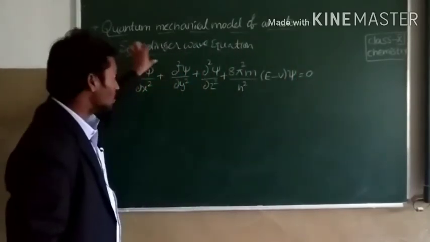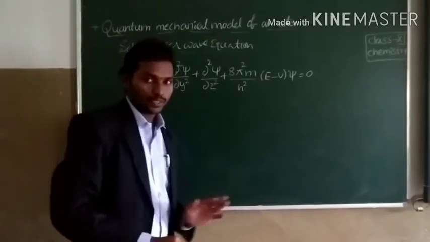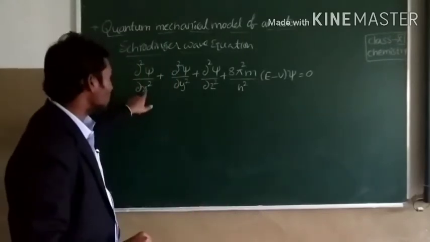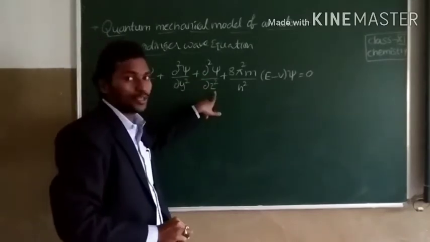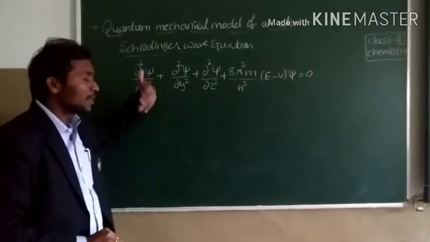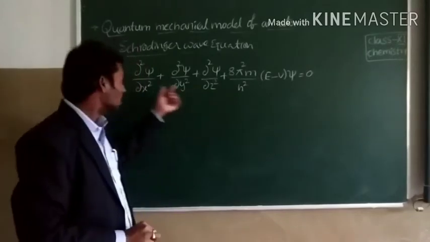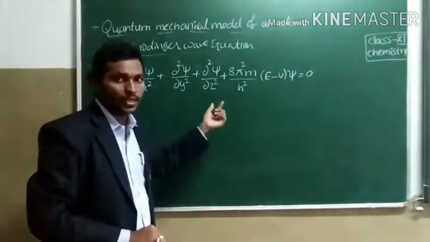This is the Schrödinger wave equation in 3 dimensions, where ∂²ψ/∂x² + ∂²ψ/∂y² + ∂²ψ/∂z² means the double differentiated equation along the x axis, y axis and z axis.